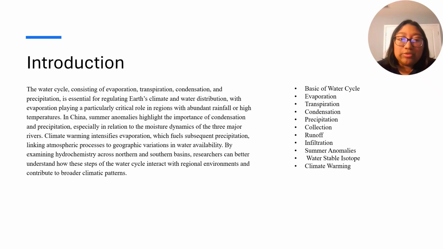In China, summer anomalies highlight the importance of condensation and precipitation, especially in relation to the moisture dynamic of the three major rivers. Climate warming intensifies evaporation, which fuels subsequent precipitation, linking atmospheric processes to geographic variations and water availability.